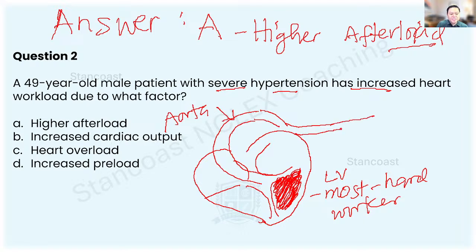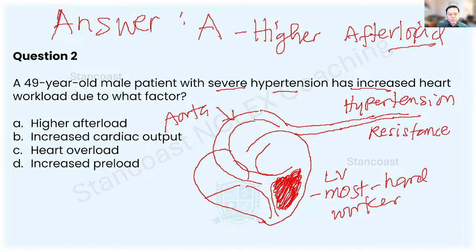So for example, if there is hypertension, I really want to make sure that you understand about the afterload, guys. This is very basic. So you need to understand this so you will not get confused when you're answering such a question. When there is hypertension, the resistance in the systemic circulation is so high. Increase in the resistance.